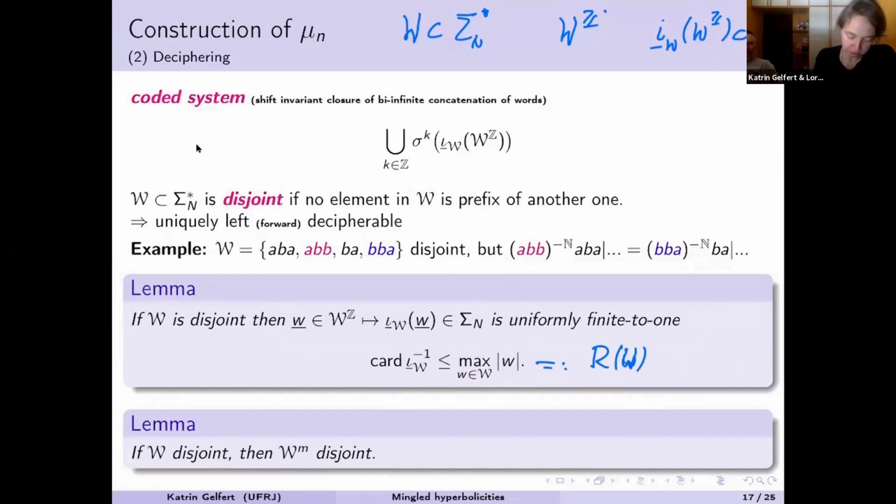And one important observation is if I have a set of words which is disjoint, when I take their power, so when I take from the set of words W just M copies, then this gives me rise to again a disjoint family of words.